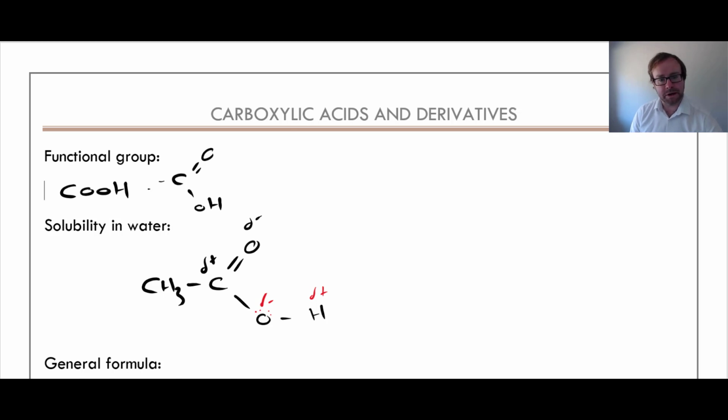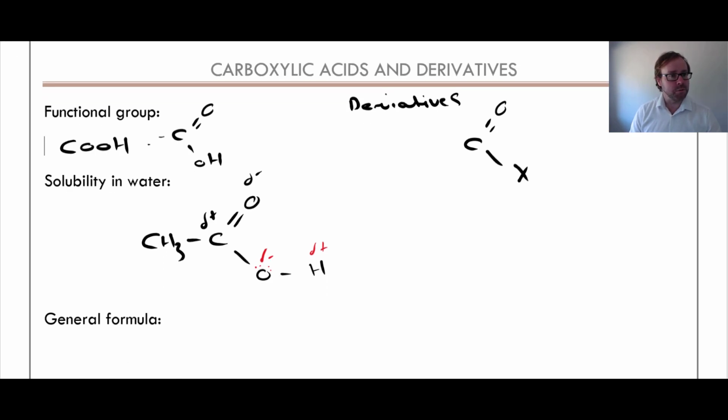When we talk about derivatives of carboxylic acids, usually what we're talking about is, I'll draw it out so you can see, that we still have a C double bond O, but we've replaced the OH with something else. We're probably just going to talk about acyl chlorides and maybe a bit about amines and amides, but not that much. Okay, so moving on.